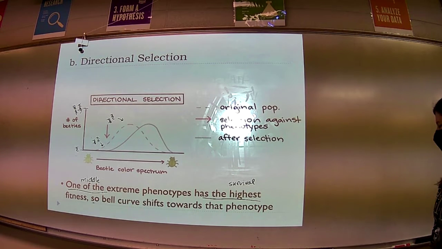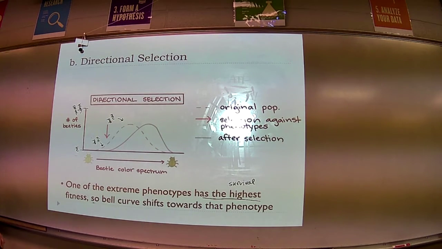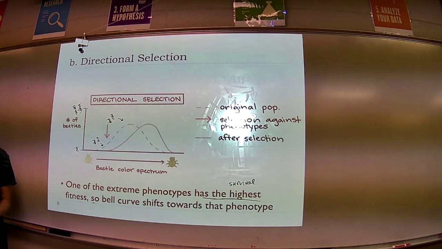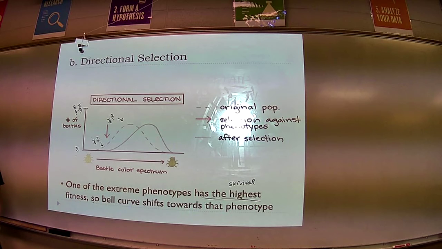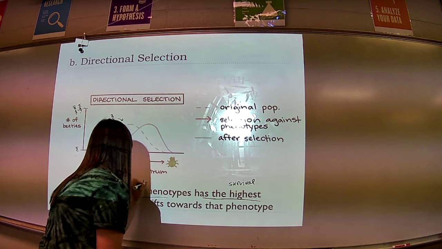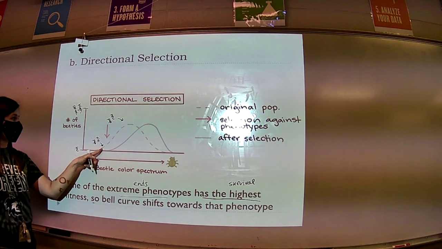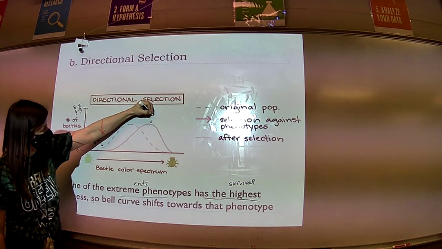Next is directional selection. In this, either the light green or the dark green are going to have the highest survivability. So one of the extremes, that means one of the ends. Again, this is our old population, and this is our new population.